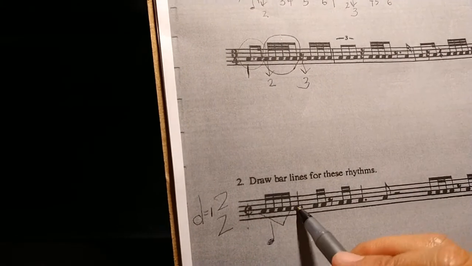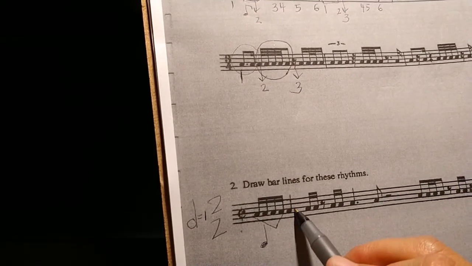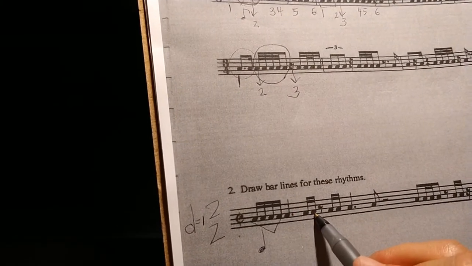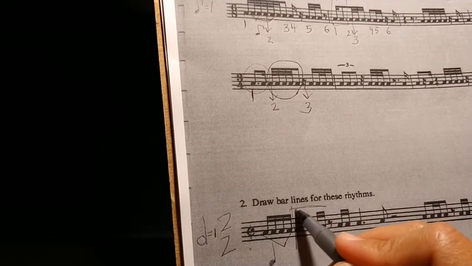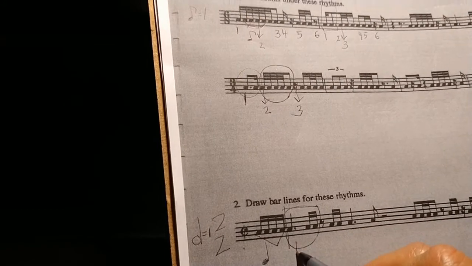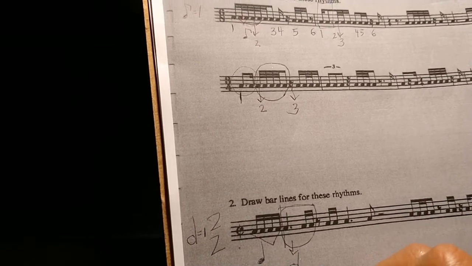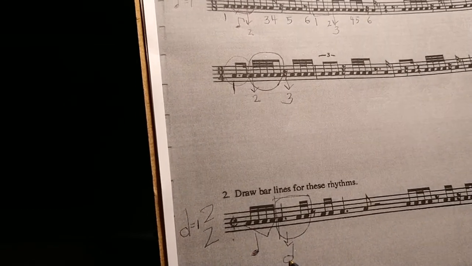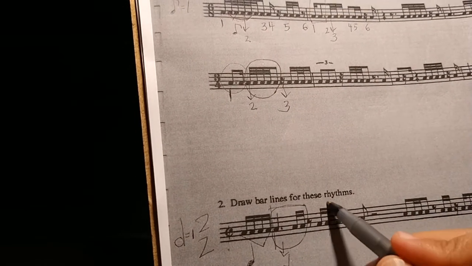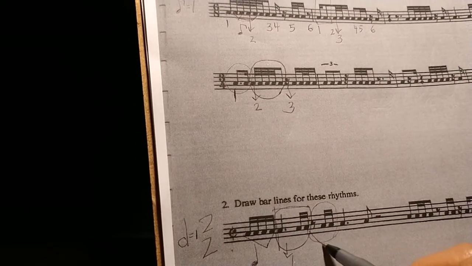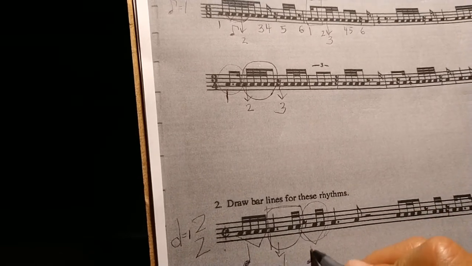From here, a dotted quarter note with an eighth note, 2 16th notes, this I know together is a half note. So you have a quarter note, you have a half note. So you should look for another quarter note, which is right here. This is a quarter note.